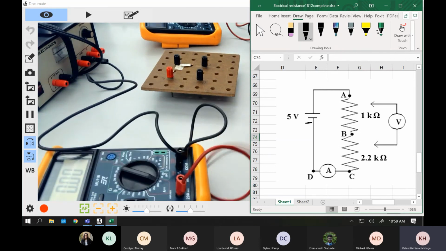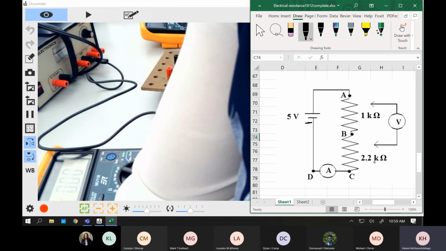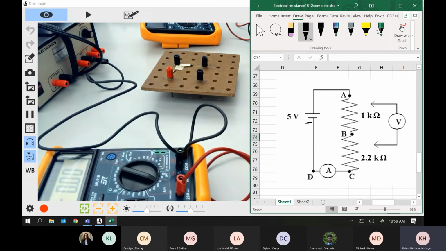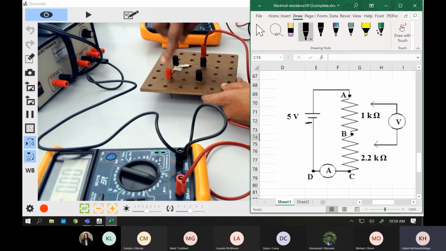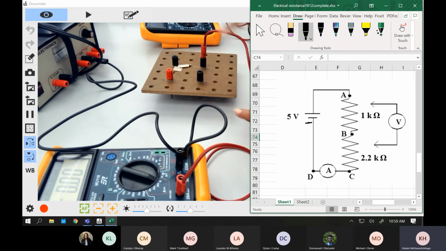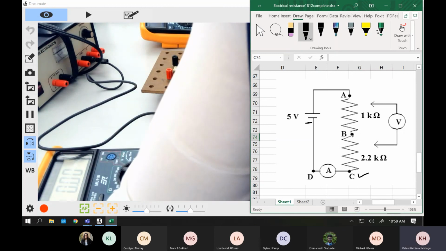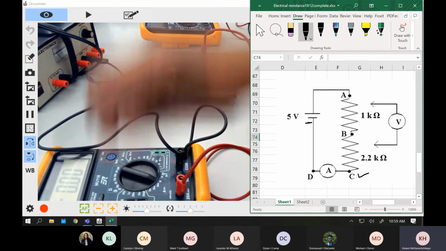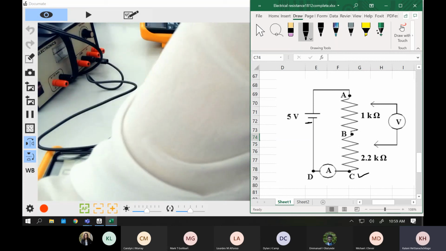Now you're going to take the red. The red of the ammeter will go to the ending of the 2.2 kilo ohm, so you're going to connect this second black one, basically starting from red, black, and black, the second black. Okay, so now we finished this end. B is the black in the middle, and there is no connection for that. You see there is no connection at all, right?